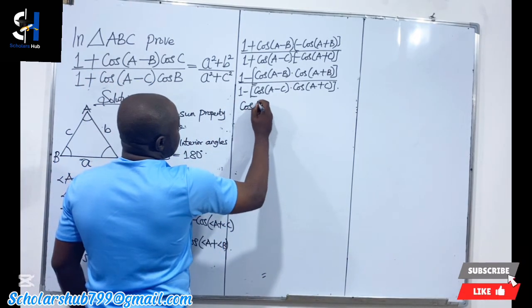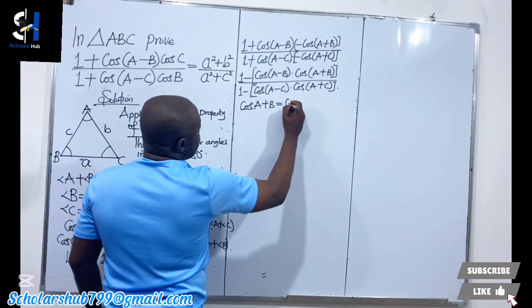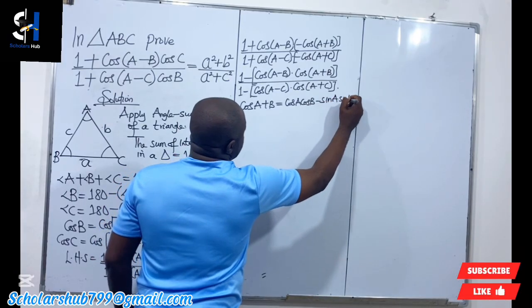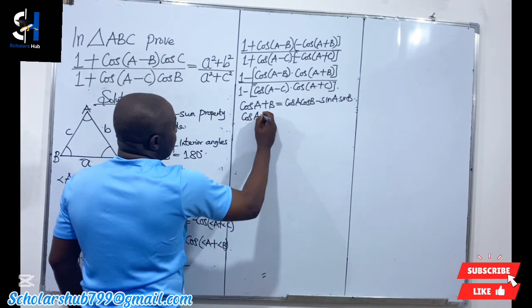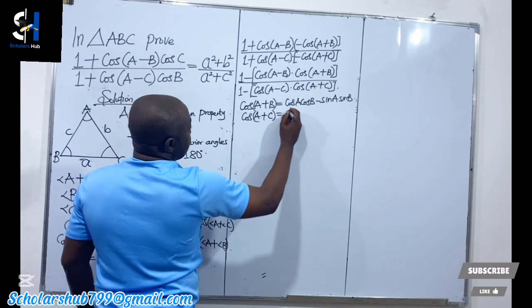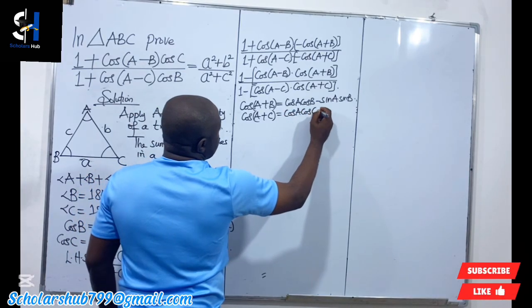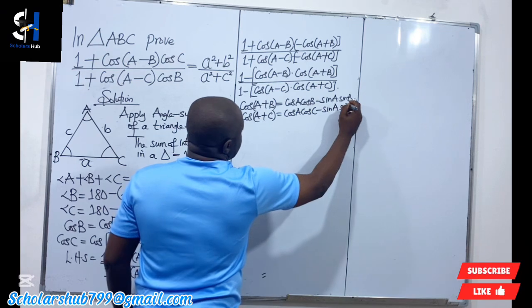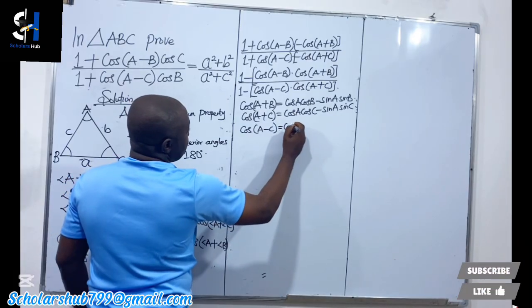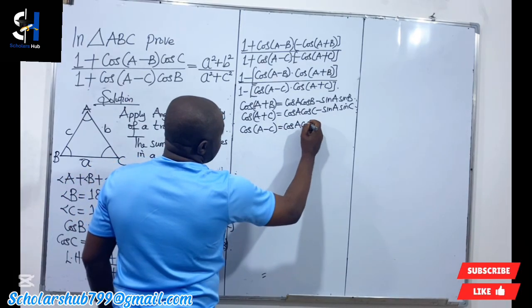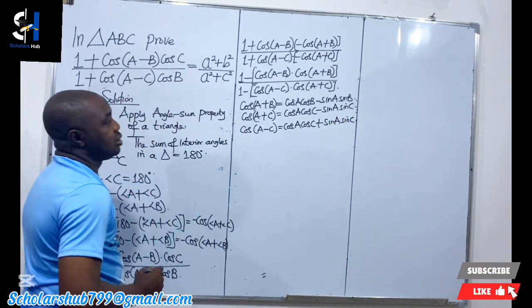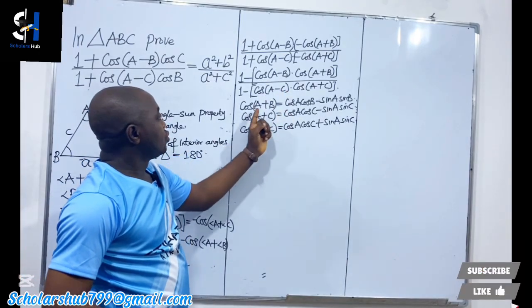We know that cos(A plus B) will be equal to cos A cos B minus sine A sine B. Then cos(A plus C) will be cos A cos C minus sine A sine C. Also, cos(A minus C) will be cos A cos C plus sine A sine C. So I'm going to substitute.